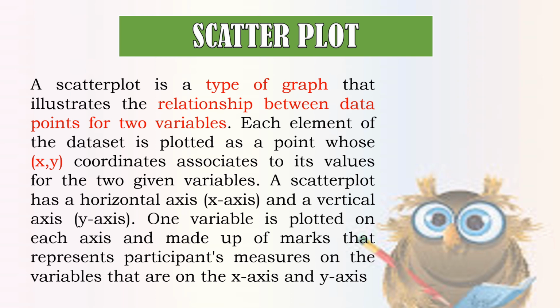A scatter plot has a horizontal axis, or x-axis, and a vertical axis, or y-axis. One variable is plotted on each axis, made up of marks that represent participants' measures on the variables on the x and y axes.